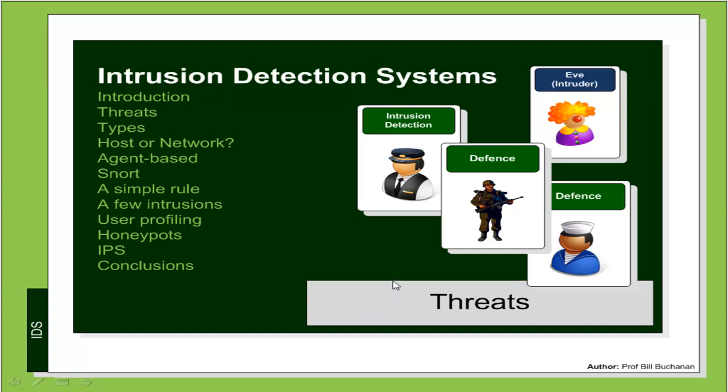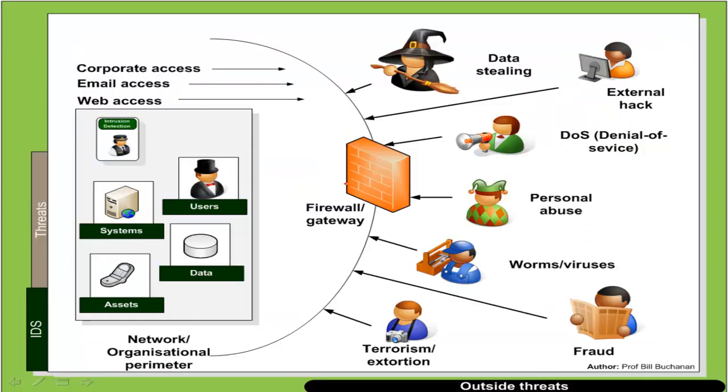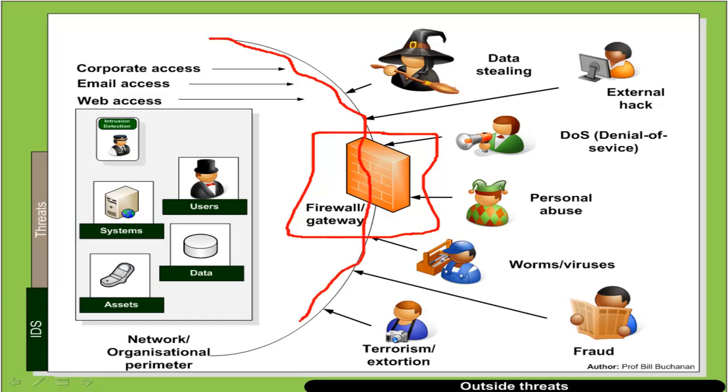So let's look at what the threats are. The threats can be many, and if we look at defining a single gateway or firewall from the system, then we can draw a boundary around our organization and define that as the organizational perimeter.